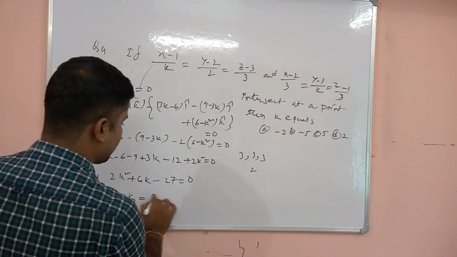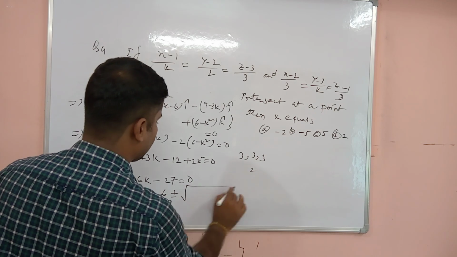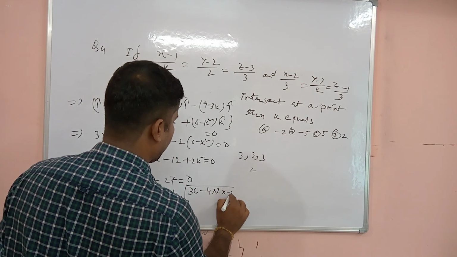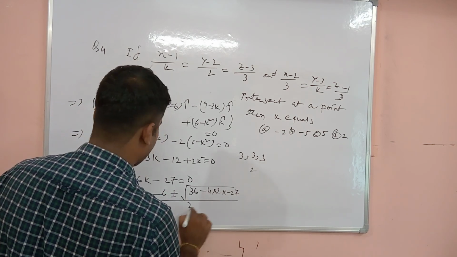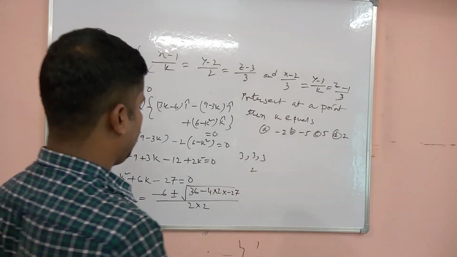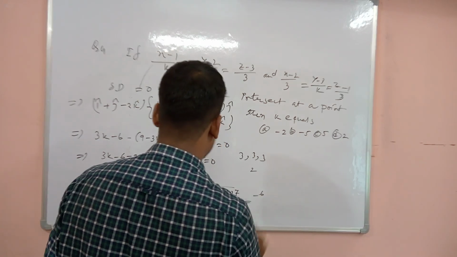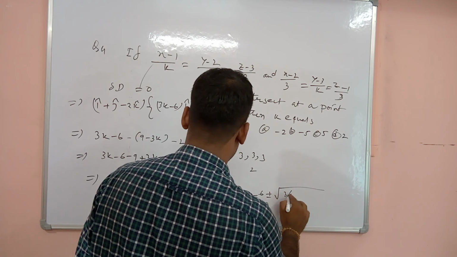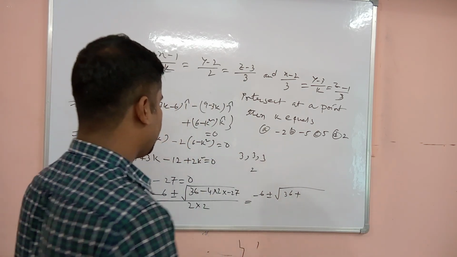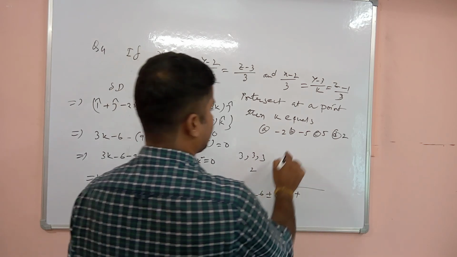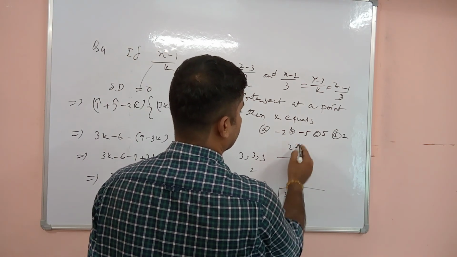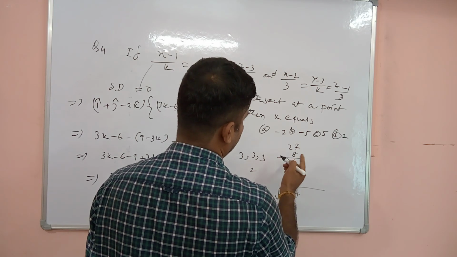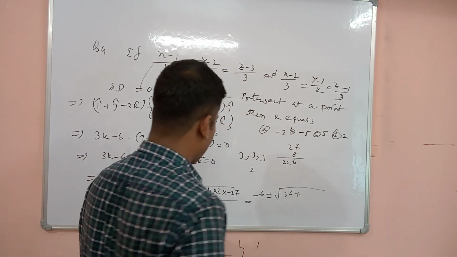k would be minus 6 plus minus square root of 36 minus 4 into 2 into minus 27, by 2 into 2. So it is minus 6 plus minus square root of 36 plus 8 into 27, which is 252.